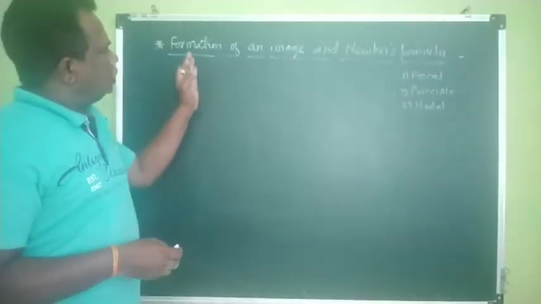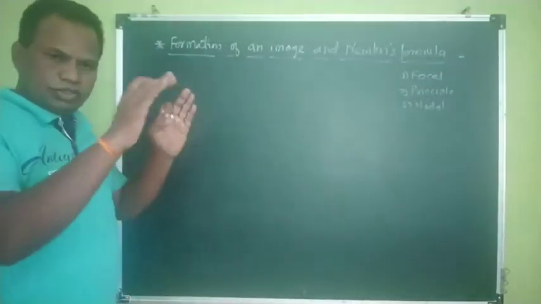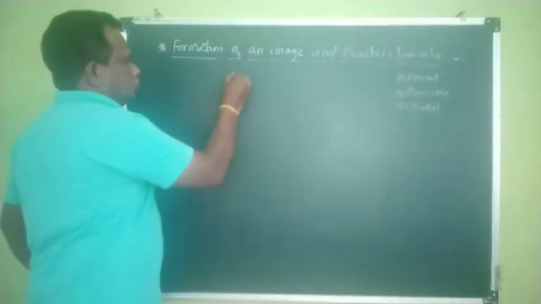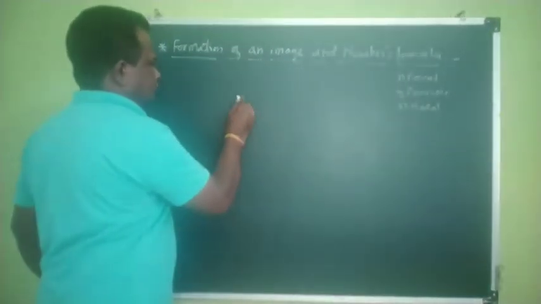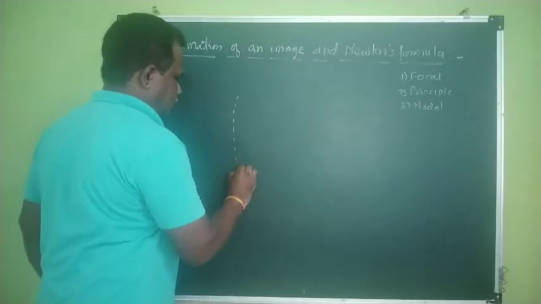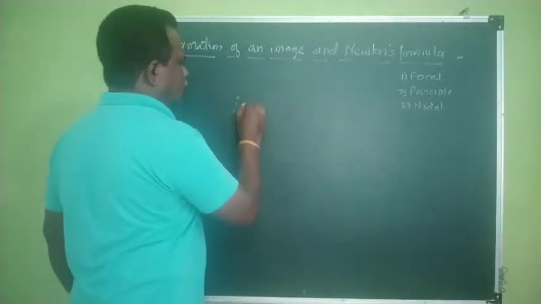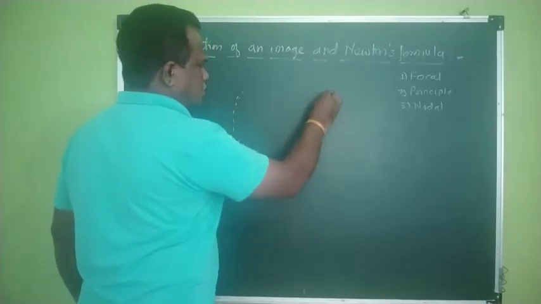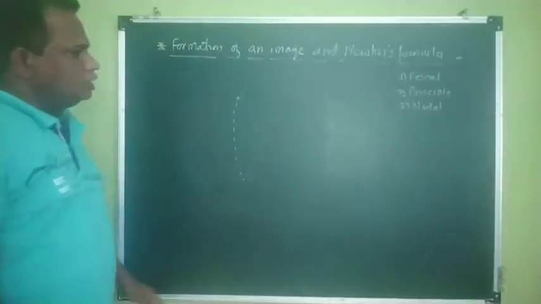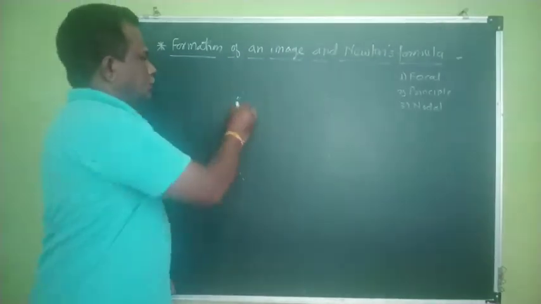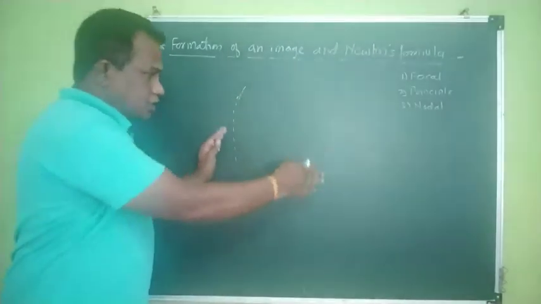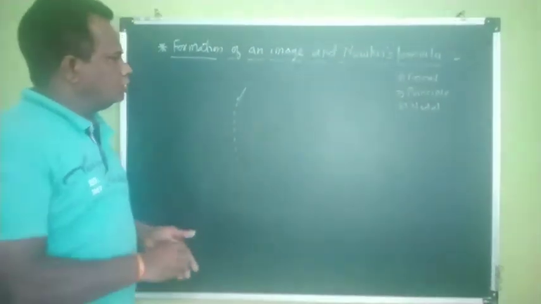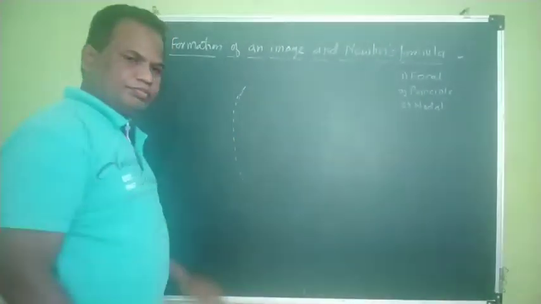Similarly, we are going to consider the thick lens. You may consider the two thin lenses separated by a certain distance, and that will form the thick lens. Imagine that this is the thick lens.